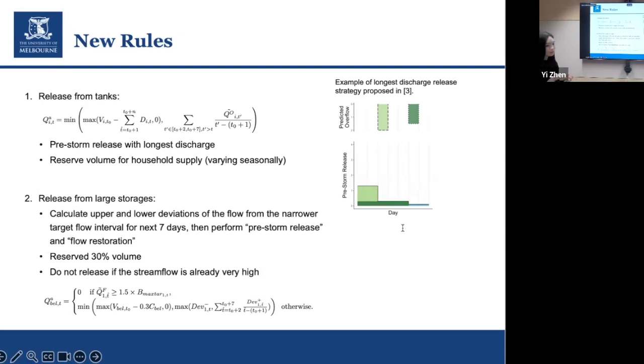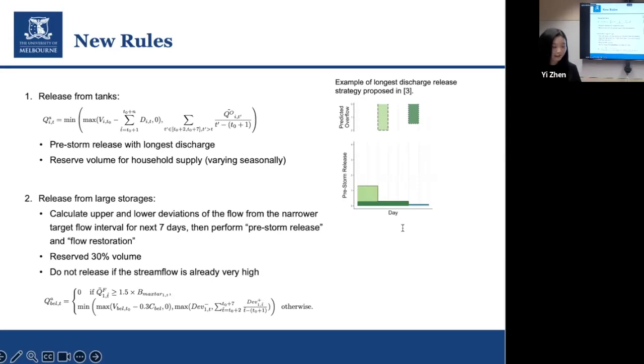And we also restrict the pre-storm release amounts so that they don't reduce the reserve volume in the tanks. And the reserve volume in the tanks is set seasonally. So for the wet season, we set the reserve volume in the tanks to be the predicted demand for the next 7 days. And in the dry season, sorry, it's the other way around.